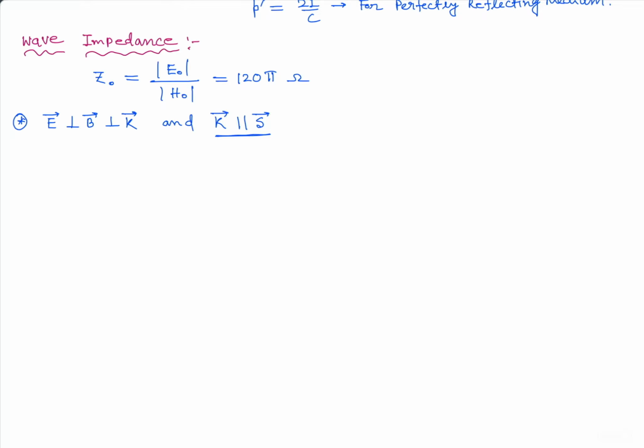Now the phase velocity will be v phase equal to omega by k, which is equal to the velocity of light c. In free space, the electric field and the magnetic field are always in phase.